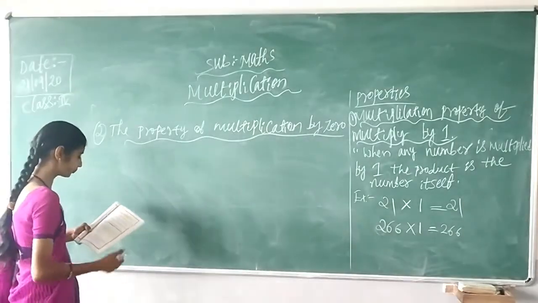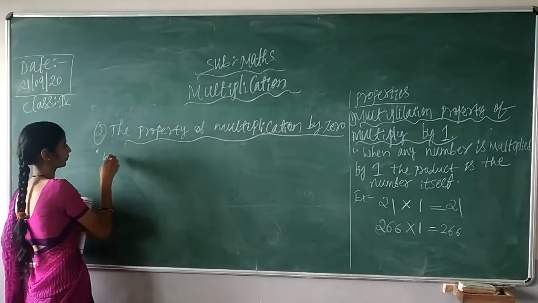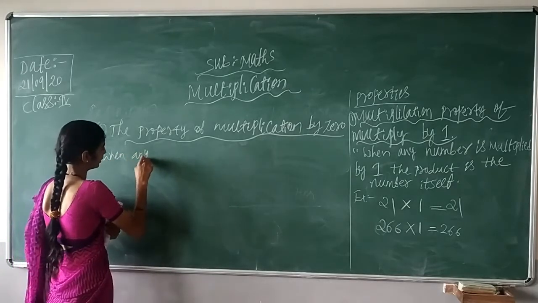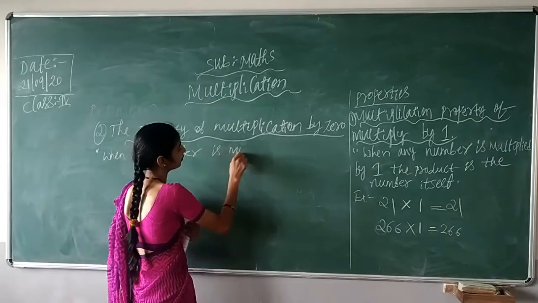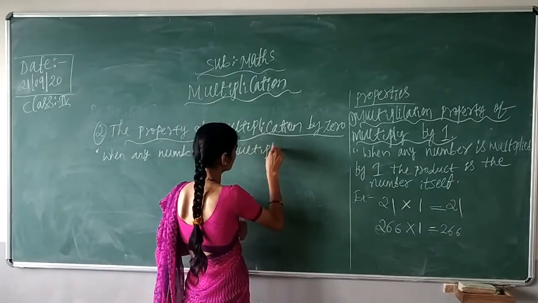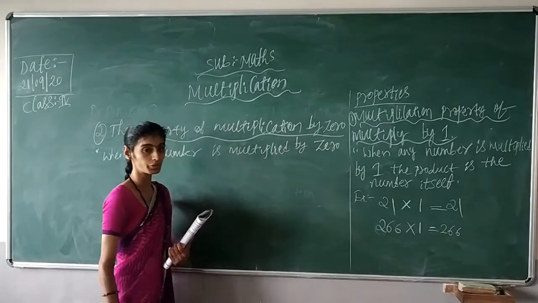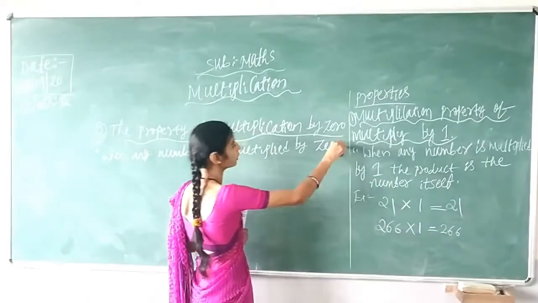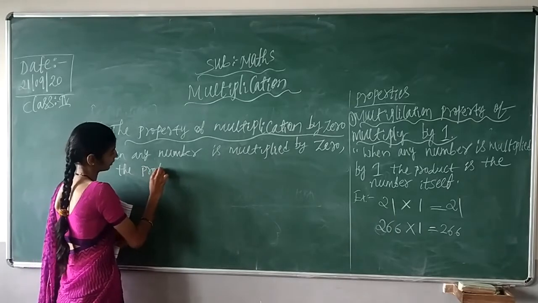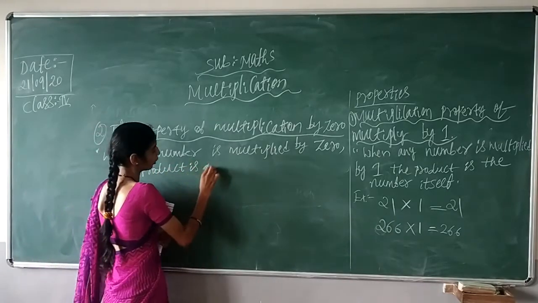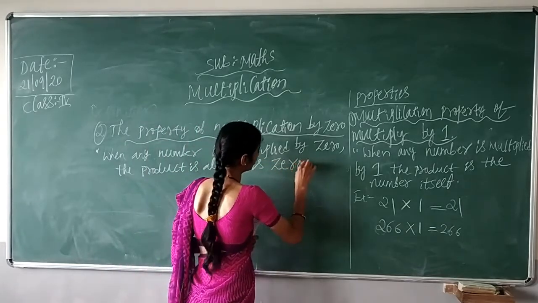You need to say. So, when any number is multiplied by 0, comma, the product is always 0.